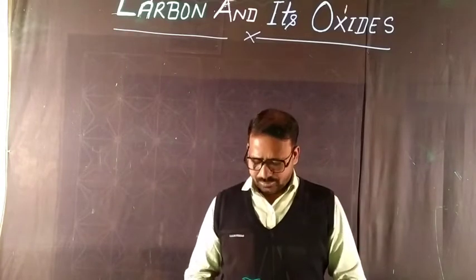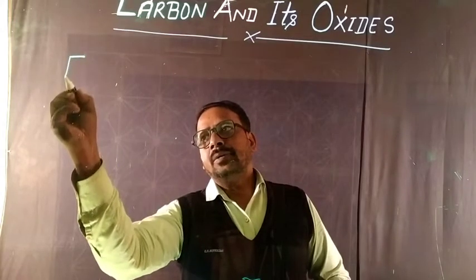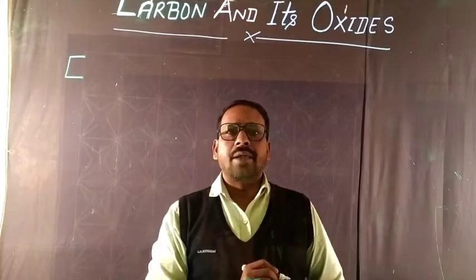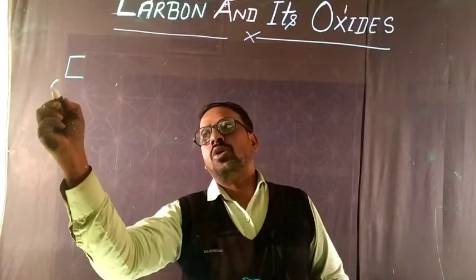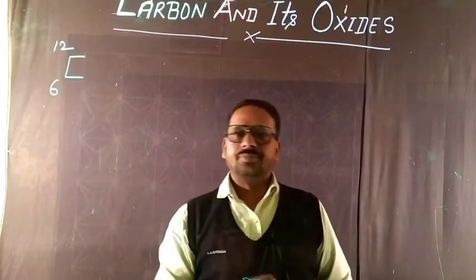What is carbon? We know that C stands for carbon. Its atomic number is what? 6. And atomic mass is what? 12.